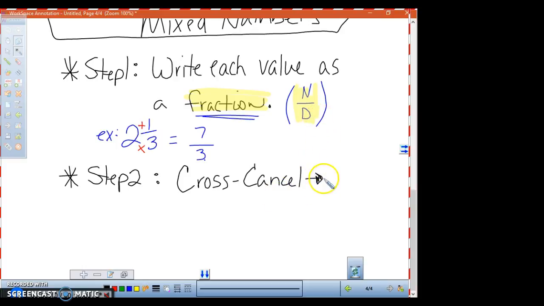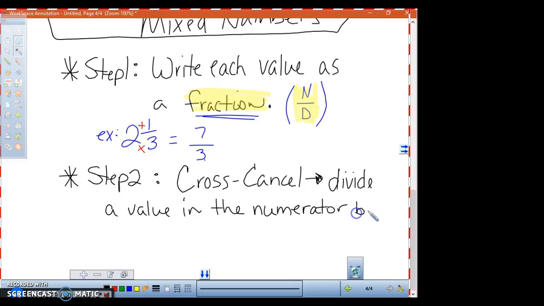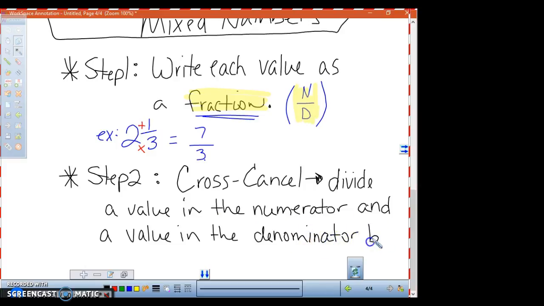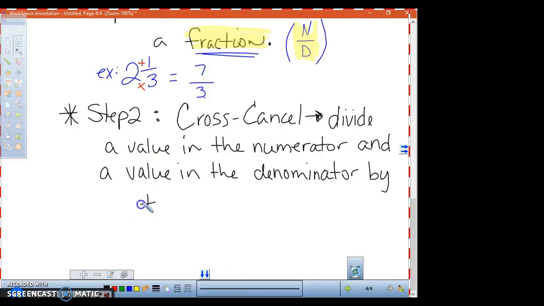Cross canceling is when we divide a value in the numerator by a value in the denominator, by the same number.